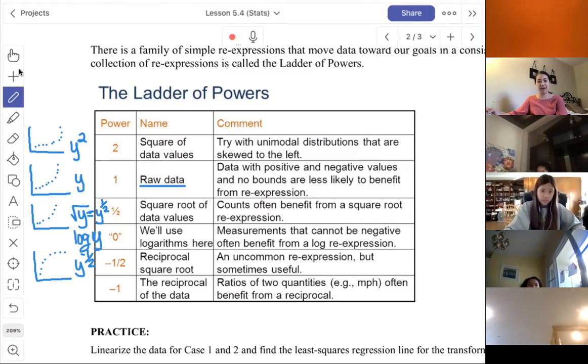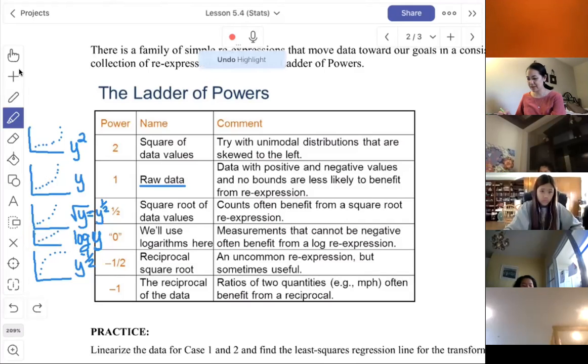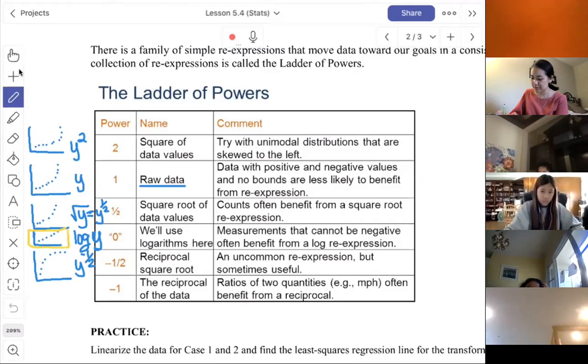That's the middle step between y to the 1/2 and y to the negative 1/2. What this would do is straighten out our scatter plot, and that would be, in a sense, the winner, because that's what we want to see: that linear, straightened out scatter plot.